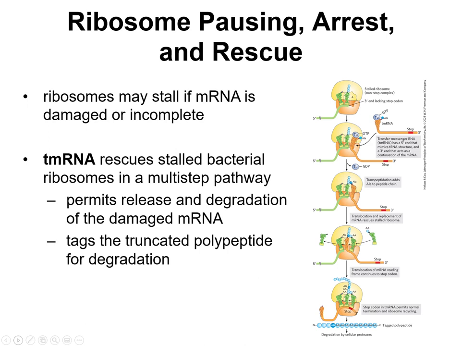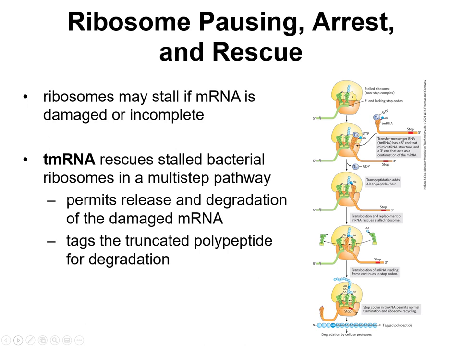What happens is, and again, we're still in bacteria, we have tmRNA that rescues stalled bacterial ribosomes. This transfer messenger RNA, or tmRNA, pretty much comes in and gives the ribosome another substrate so it can keep going versus just being stalled in that one spot.